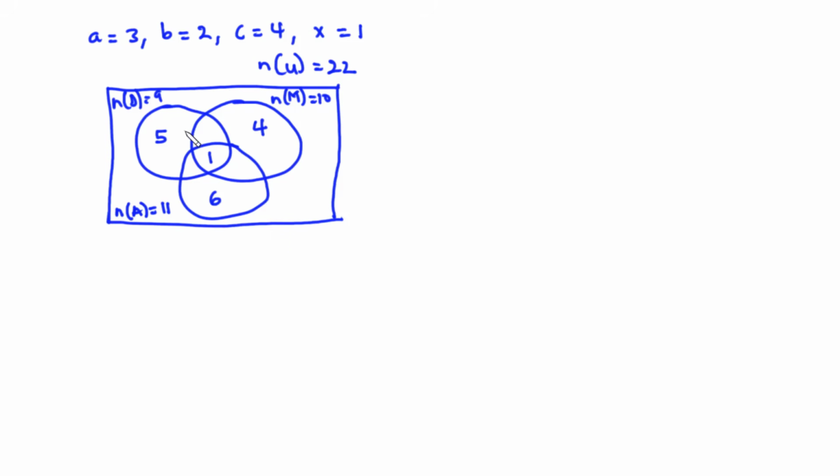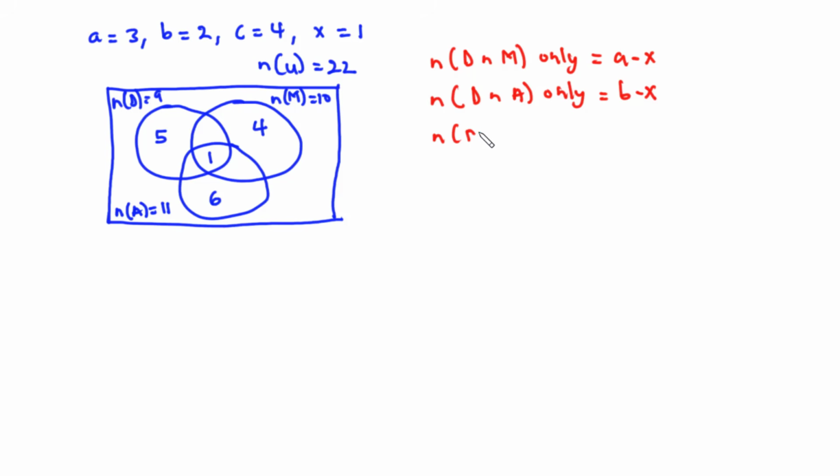That is 1. So the number of players who play defense and midfield only. So defense and midfield only was A minus X. Defense and attack only was B minus X. Midfield and attack only was C minus X. Now we have A to be 3 and then X to be 1.